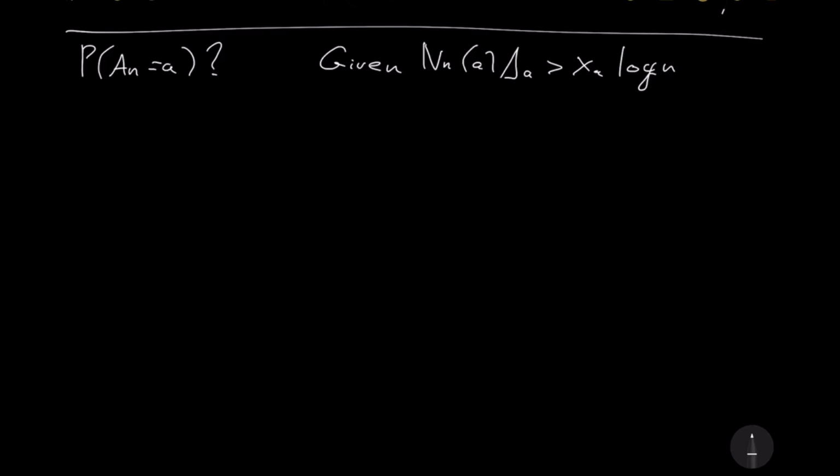And in particular, we can bound the probability of selecting the action by saying, well, at the very least, the estimated value plus the bound for that action must exceed those quantities for the optimal action.